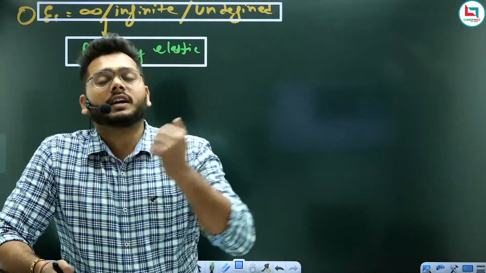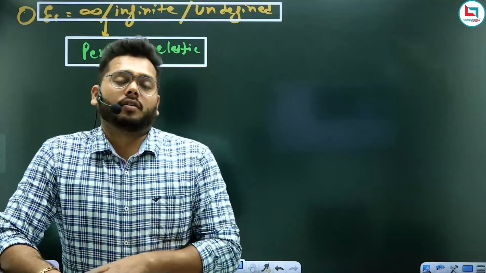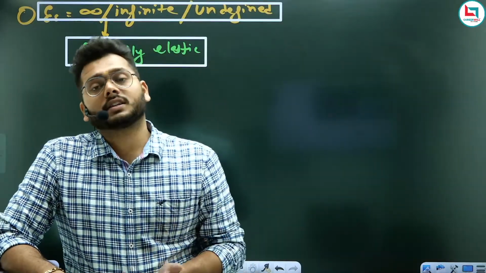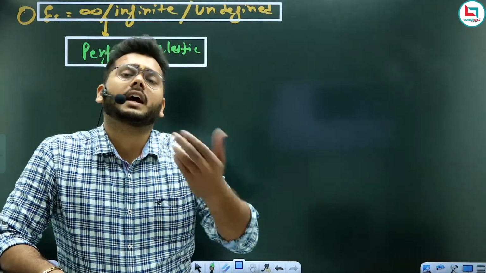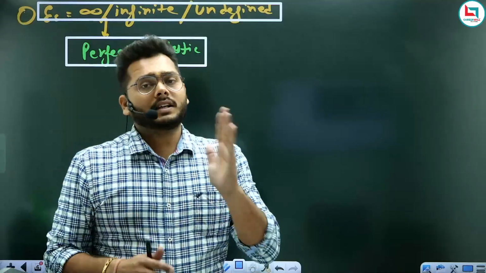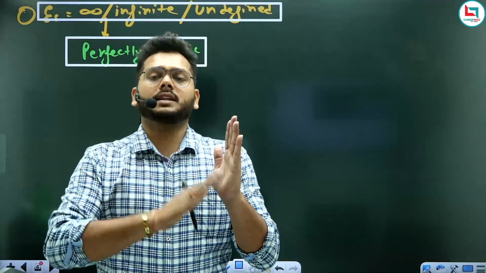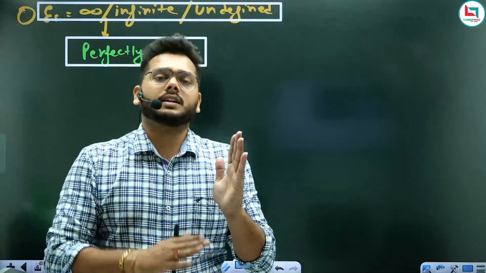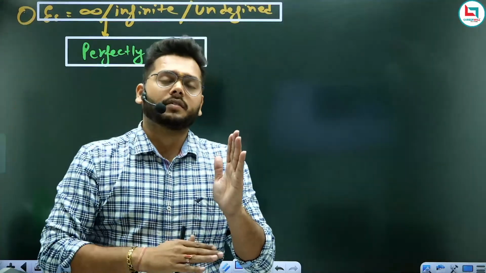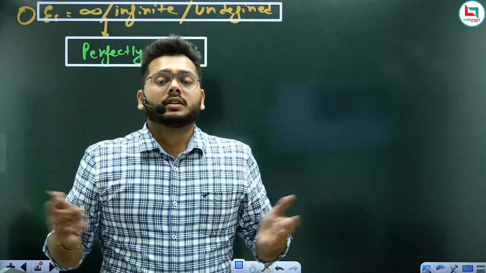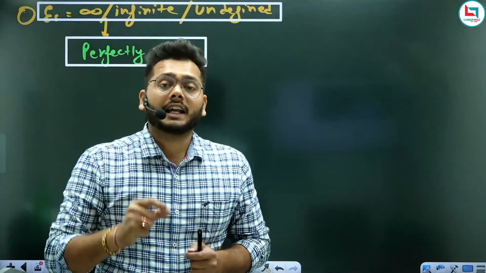That is why it is called undefined, or you can say infinite, or perfectly elastic, because price is constant and only the supply is changing. Sometimes it increases, sometimes it decreases. How much, we don't know. This is what is called perfectly elastic.